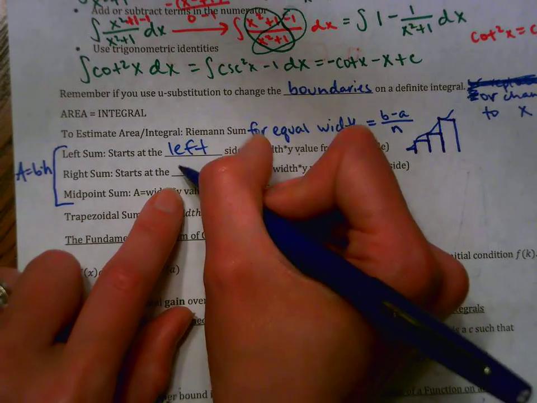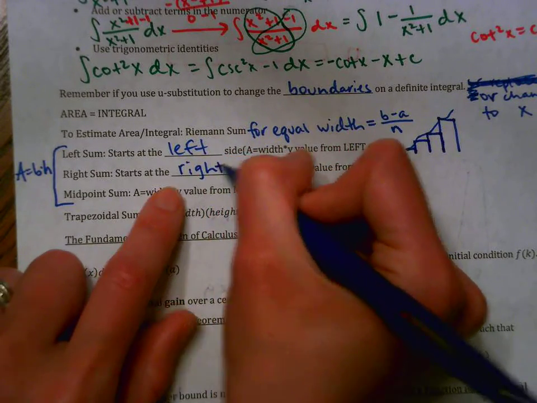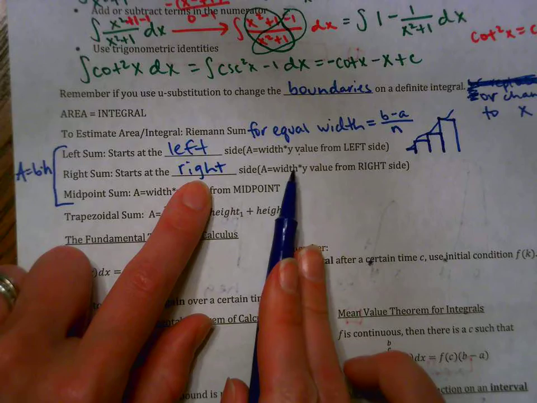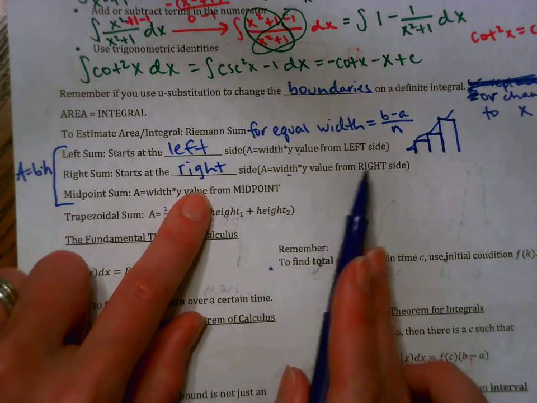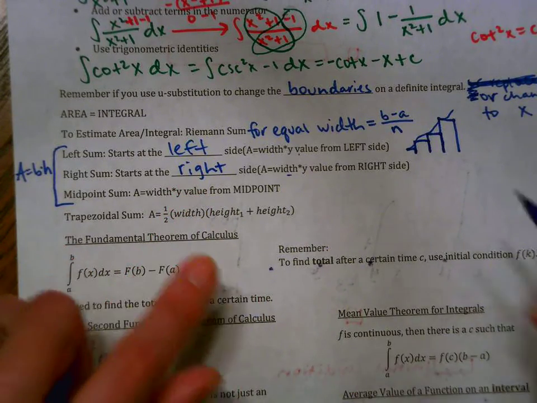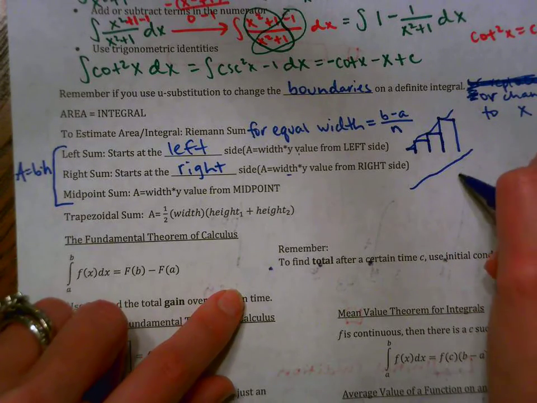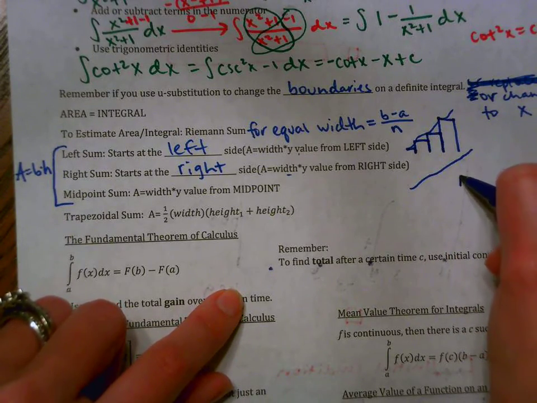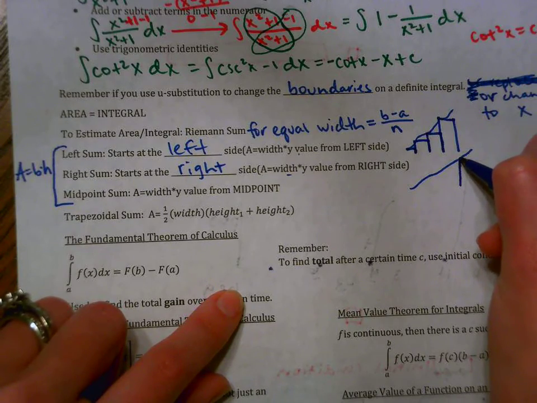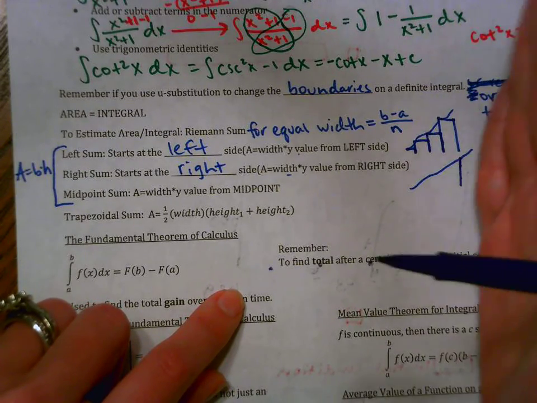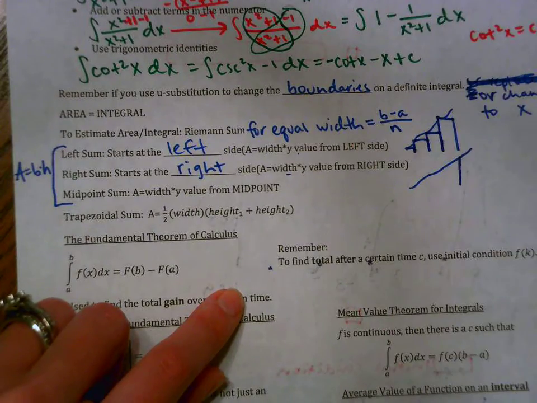So then if it was a right Riemann, you would do the exact same process, but you start on the right side. So your width is the same formula, but your y value is coming from the right side of the rectangle. So if it was the same picture, I would start on the same here, but I would go over to the right, and I'd start on the b value instead of the a value.